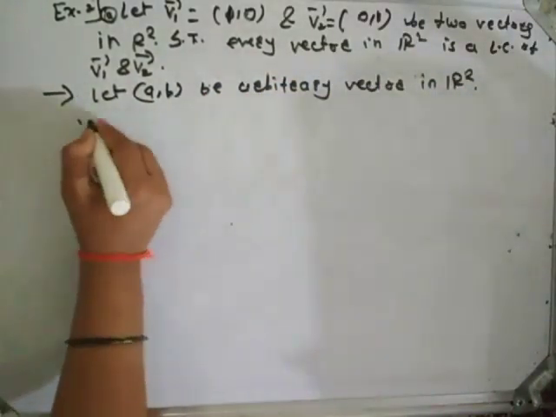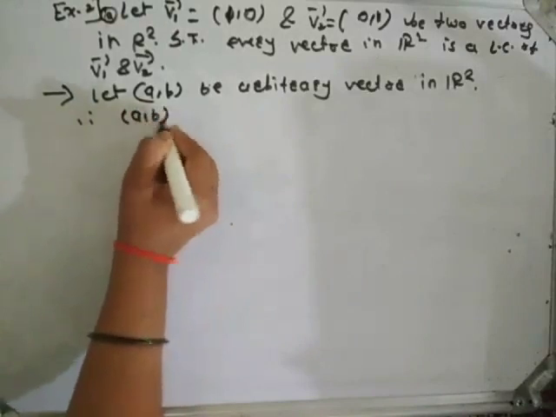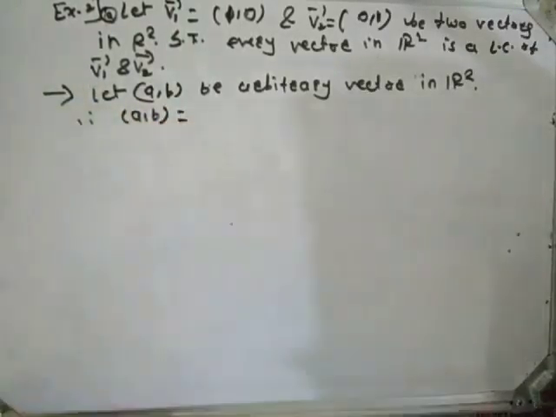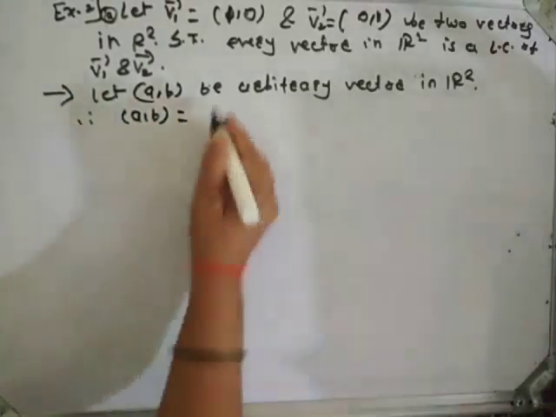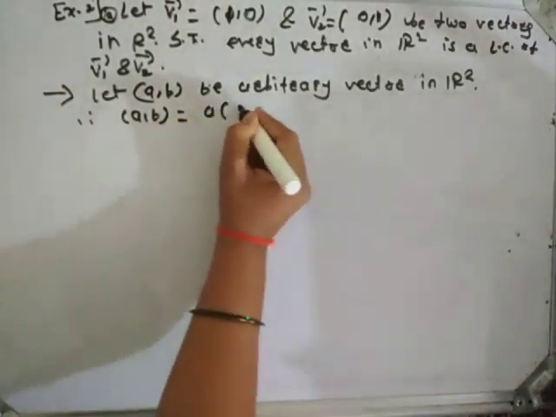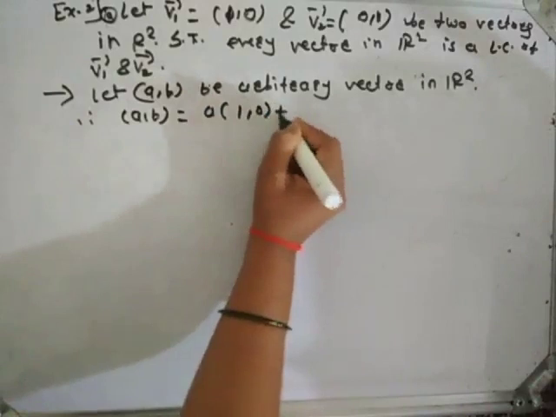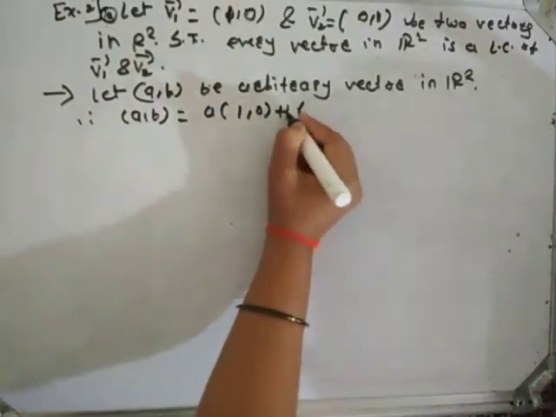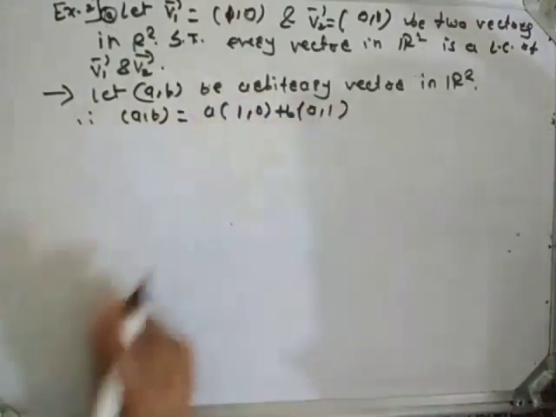Okay, so this arbitrary vector (a, b) can be expressed as a into (1, 0) plus b into (0, 1).